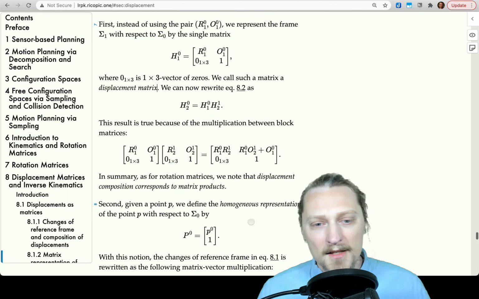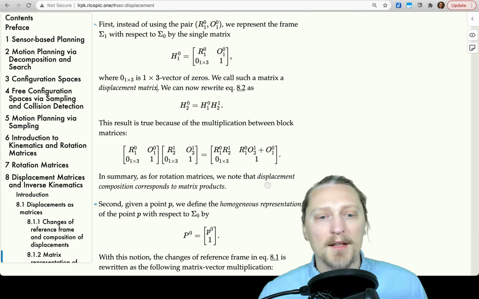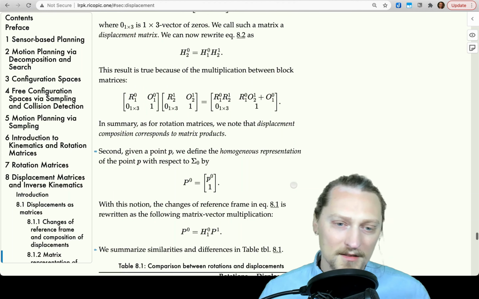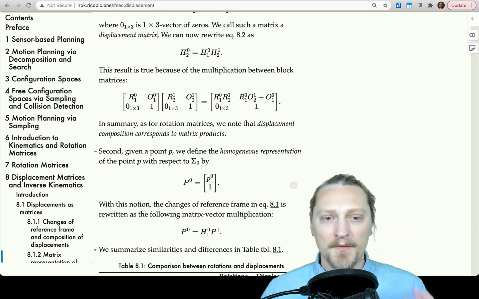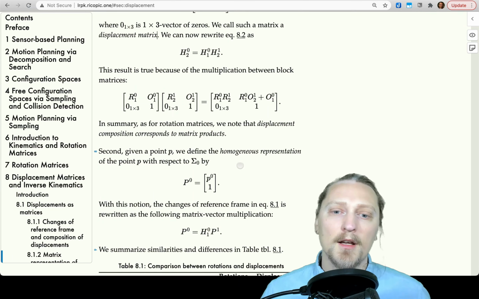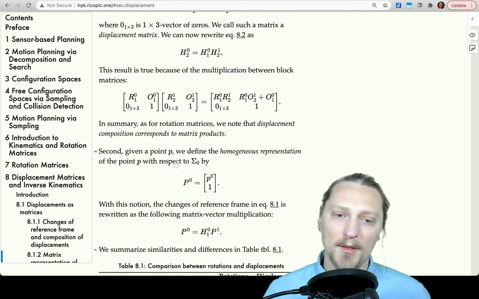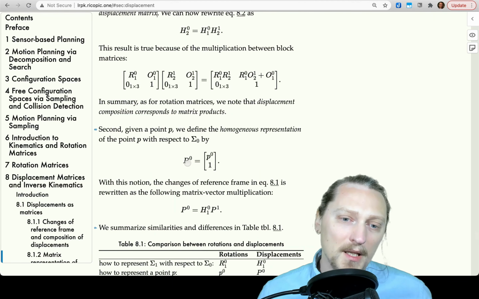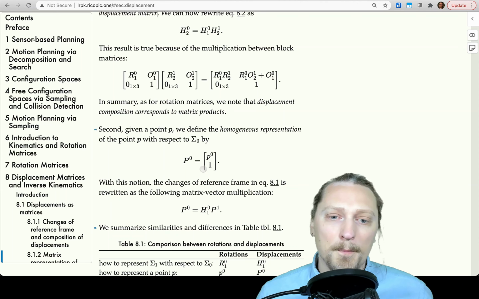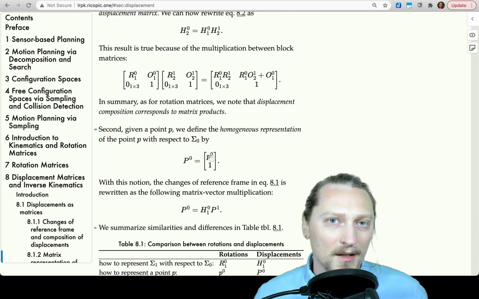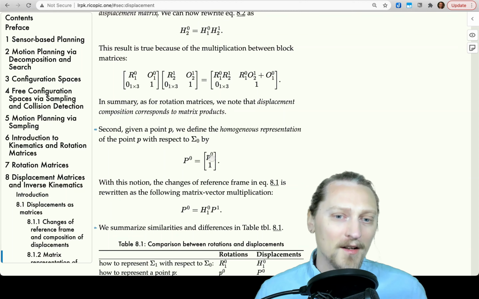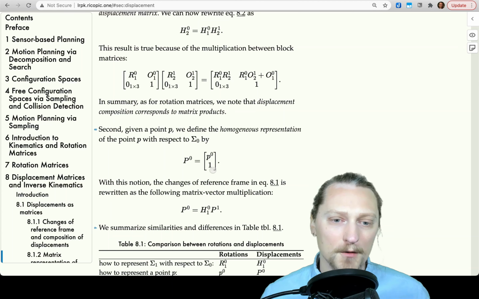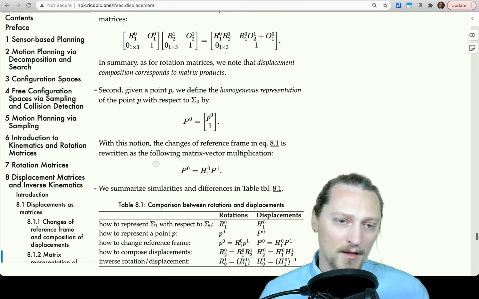So in summary, as for rotation matrices, we note that displacement composition corresponds to matrix products. Second, given a point P, we define the homogeneous representation of the point P with respect to sigma 0 by the capital P super 0, equal to the regular point P in R3, instead of in R4, with an additional 1 below it, so that we can do transformations of points as well.